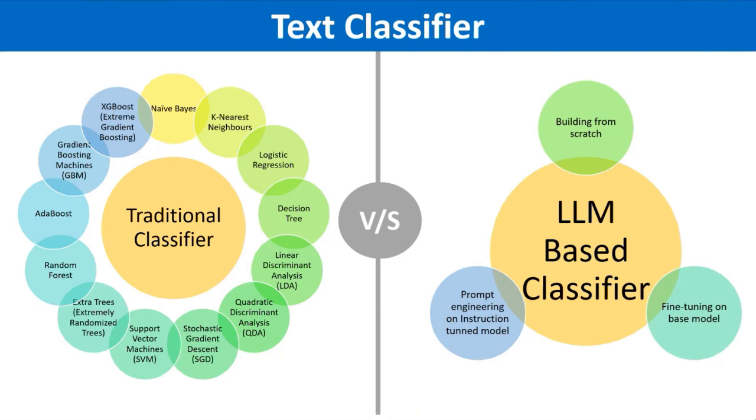And then the third approach is fine-tuning a base model for domain-specific applications, allowing LLMs to adapt to specific tasks or datasets. The key takeaway is that LLMs can often deliver high performance in text classification tasks due to their pre-trained language understanding, but they require prompt engineering or fine-tuning to be effective. Traditional classifiers may still be suitable for simpler or more structured tasks, but may lack the flexibility and linguistic understanding of LLMs in complex text classification scenarios.